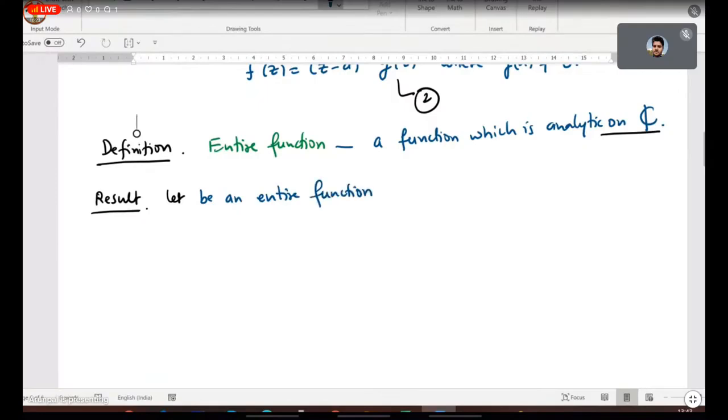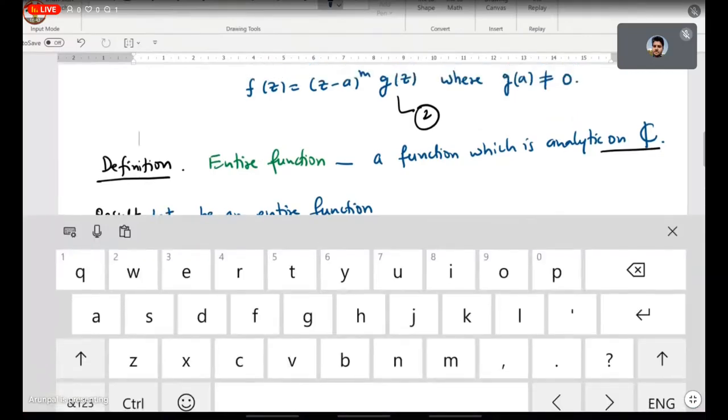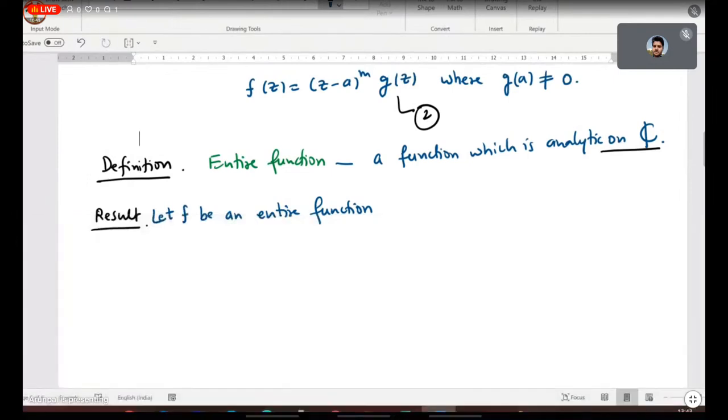So class, needless to say that the domain of f is C.